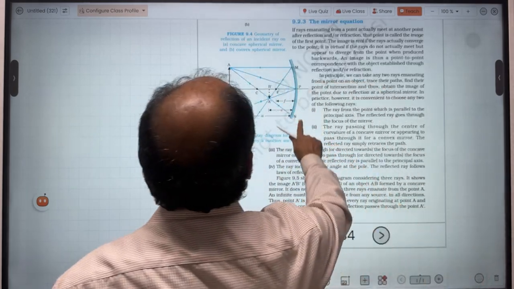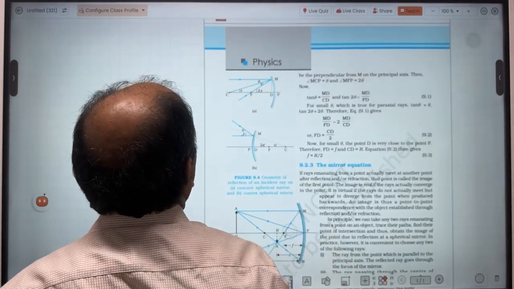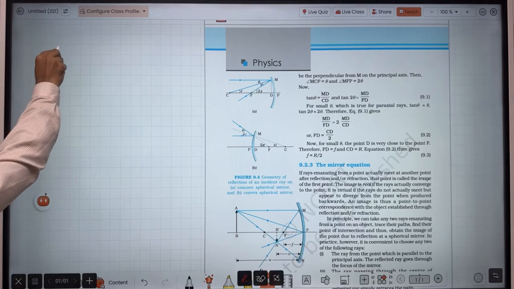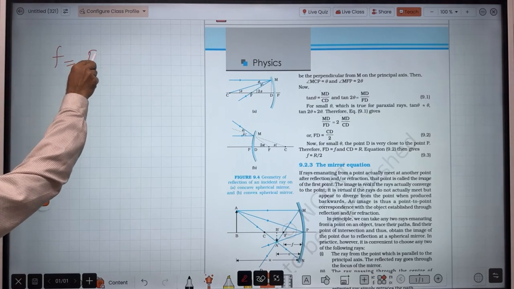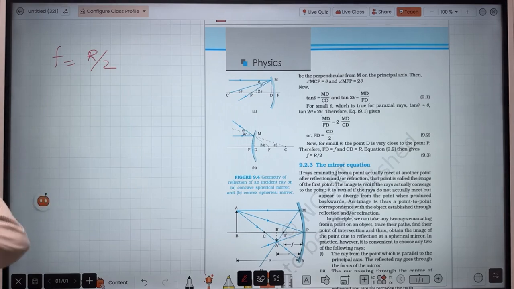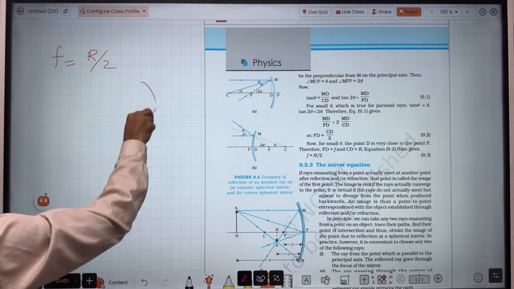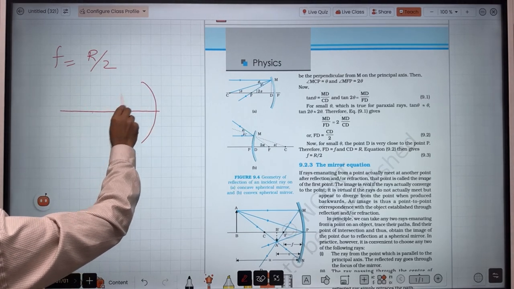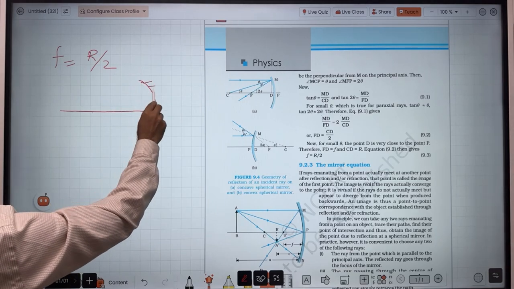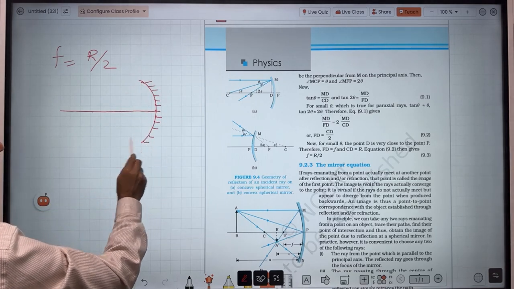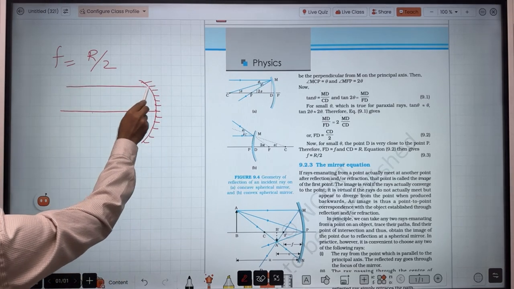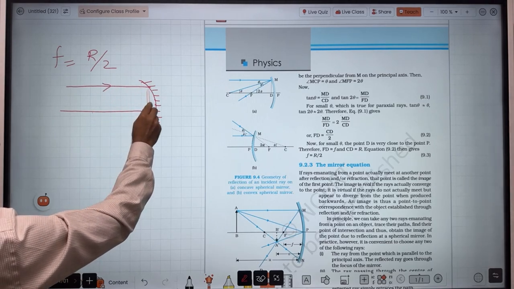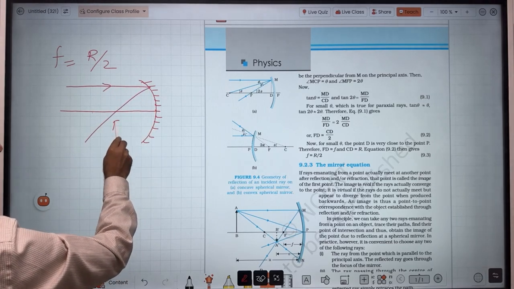Then comes one important relation. You have to derive the relation F is equal to R by 2. For this purpose, we consider a mirror, and here this is a ray parallel to the principal axis, and it will pass through the focus.